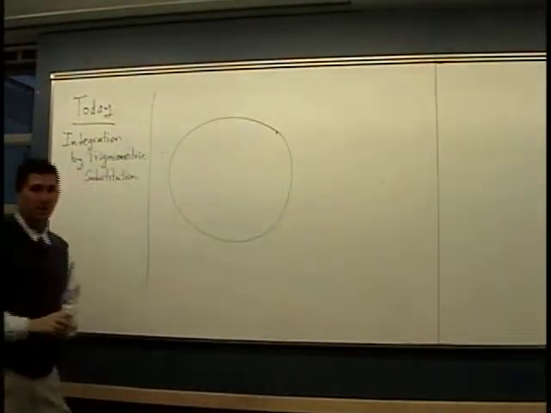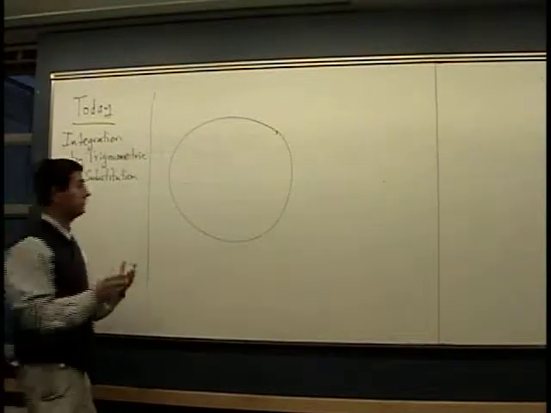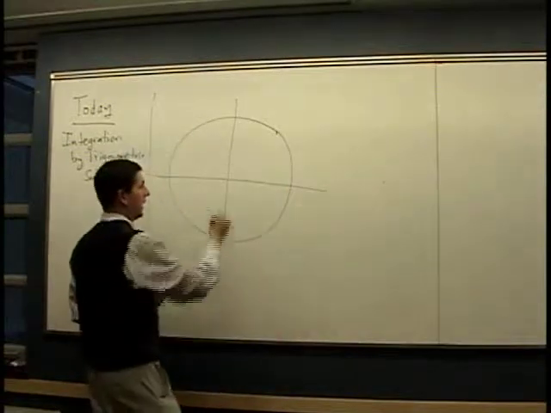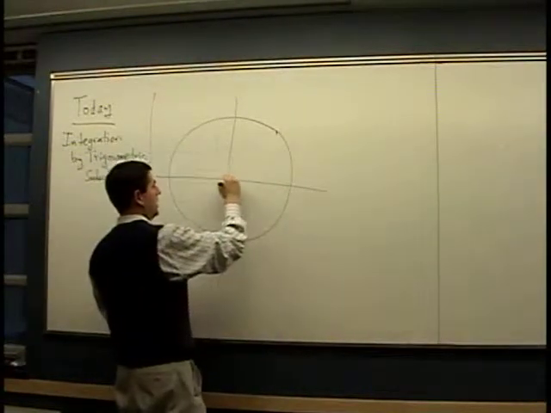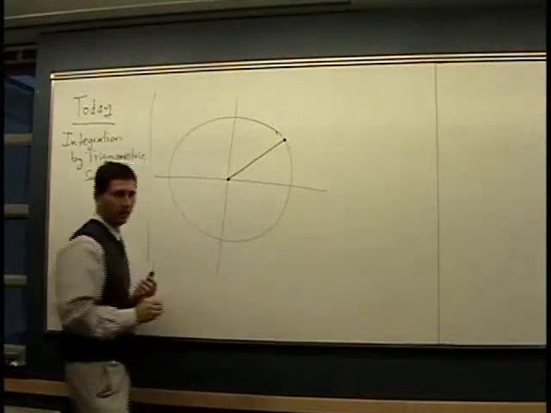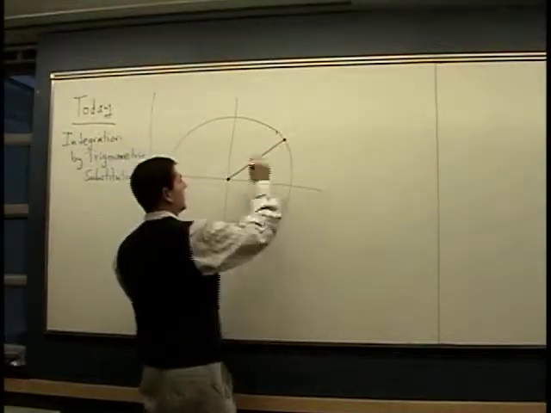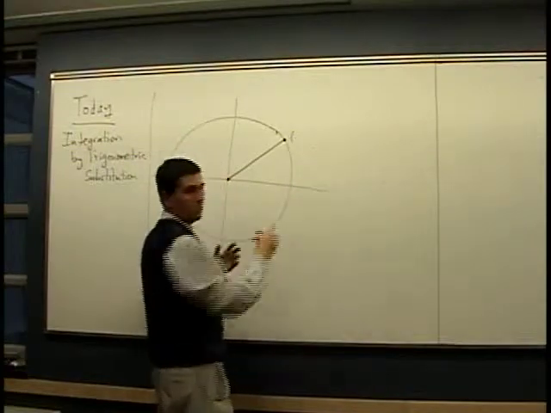So recall we got our trig functions from the unit circle. And remember the way we actually defined sine and cosine was by taking a ray originating from the origin and heading out and intersecting the unit circle. And whatever point you got has some coordinates, x and y.